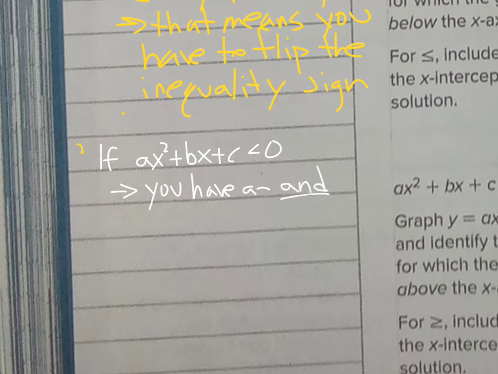If, however, you have it greater than or equal to 0, you have an or statement. I'm going to tell you a little bit more about that here in a second.